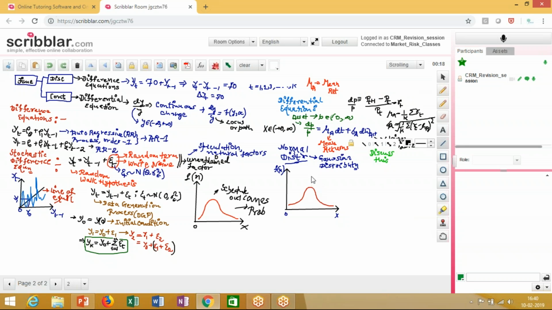If you have a look at this distribution, you'll see that it is a very symmetric distribution.